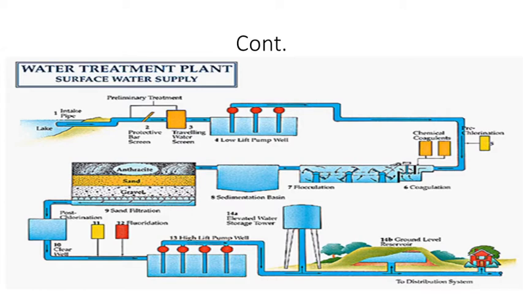So that's why it is used for colonies, swimming pools, industrial plants, bus stations, and railway stations, not for the public water supply system. So this is all about the pressure filter, the same as a rapid gravity filter.